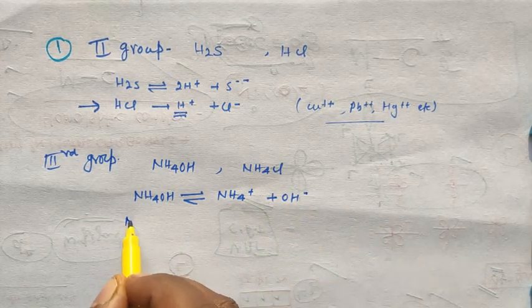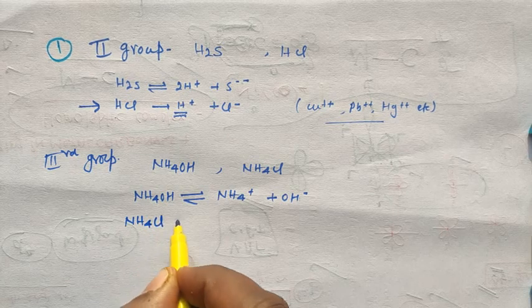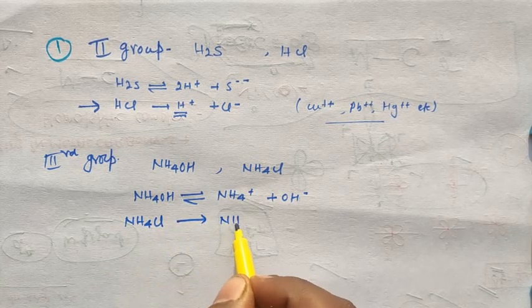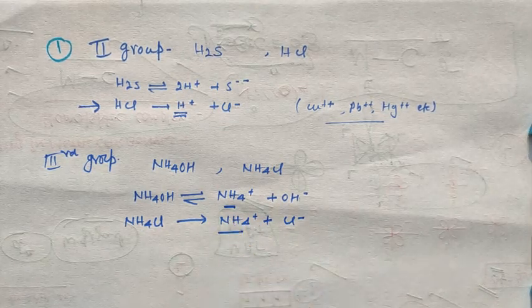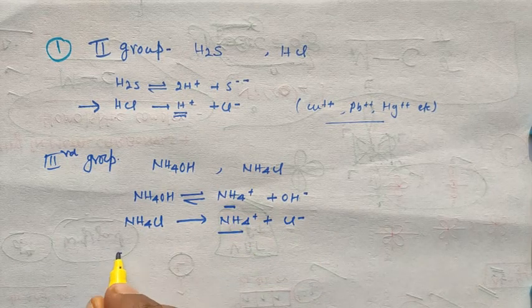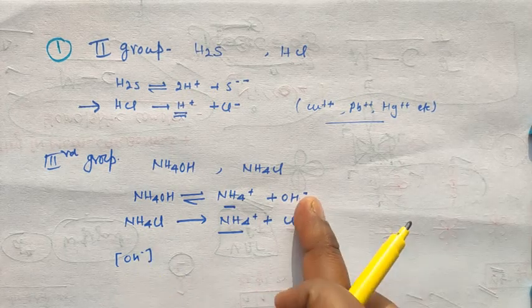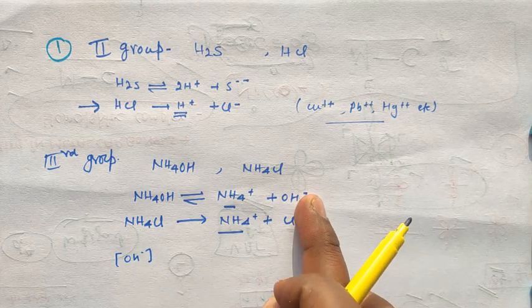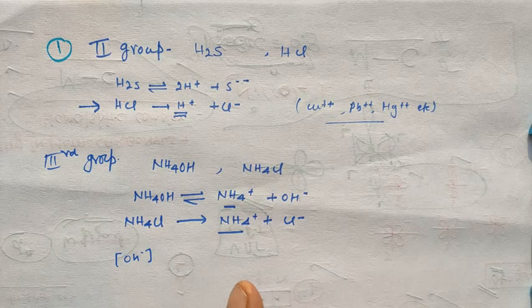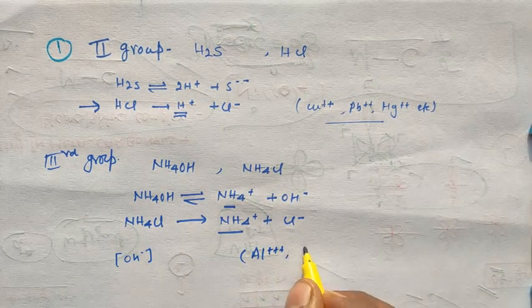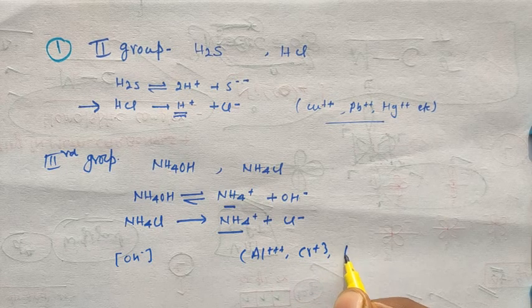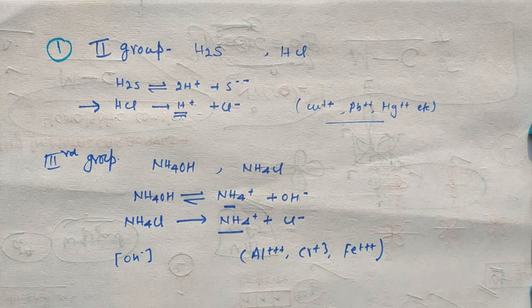If you add NH4Cl, it will ionize like this: NH4+ and Cl-. Now this NH4+ ion is common. So the OH- concentration is quite low, enough to precipitate only the hydroxides of the third group, like Al3+, Cr3+, or Fe3+. So this is the application of the common ion effect in analytical chemistry.